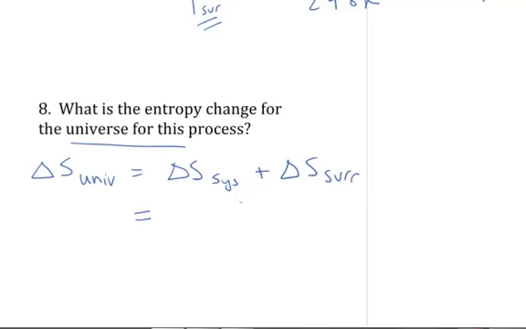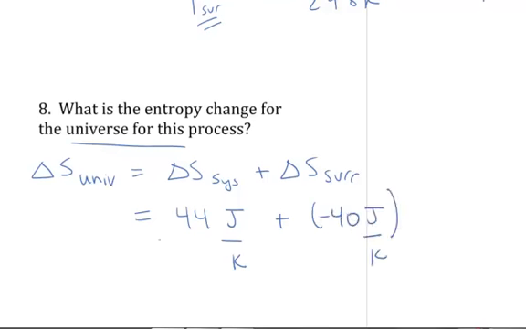So I can put in my value for the system, 44 joules per Kelvin, and the surroundings, negative 40 joules per Kelvin.